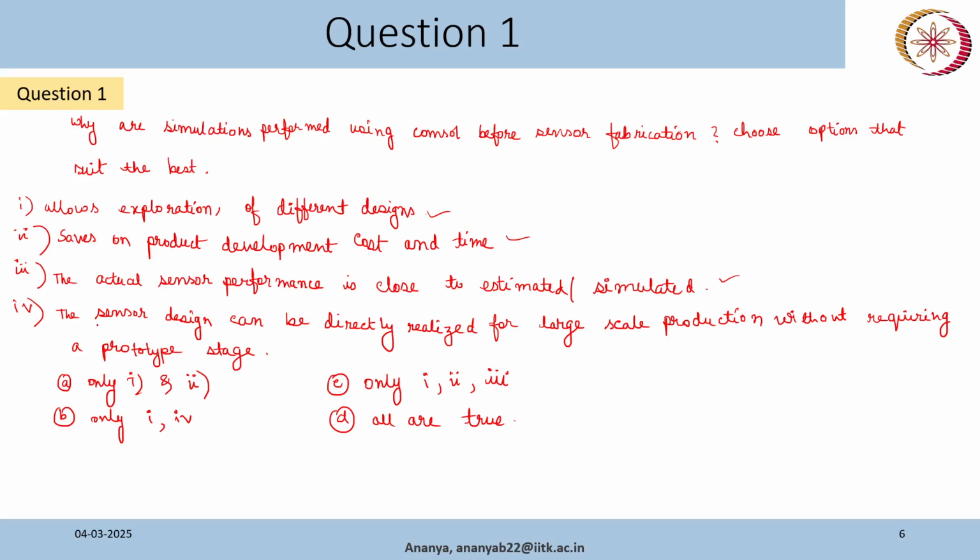You will consider all the practical scenarios during your simulation, but certain things you cannot realize in simulation. That is why it is not a good idea to go for large scale production before actually making a few samples, a few sensors, and checking the characteristics.